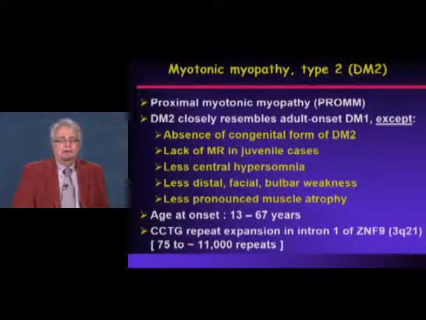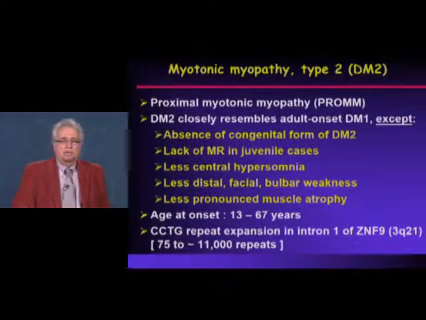There is a lack of mental retardation in juvenile cases. They tend to have less central hypersomnia. They have less distal facial bulbar weakness. They have less pronounced muscle atrophy. And the age at onset is between 13 and 67 years. And these patients have an expansion of a repeat in intron 1 of a zinc finger protein gene known as ZNF9.